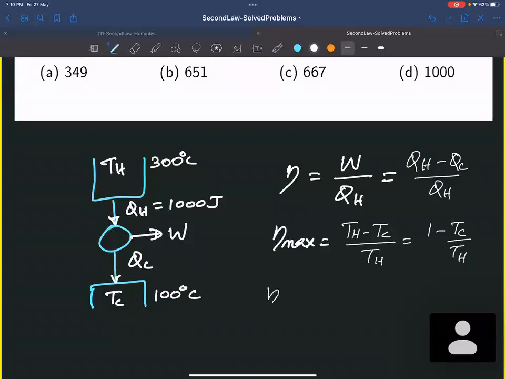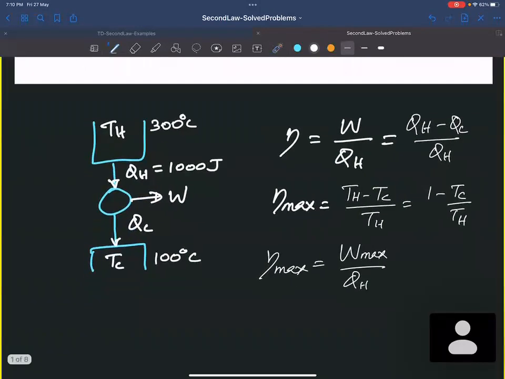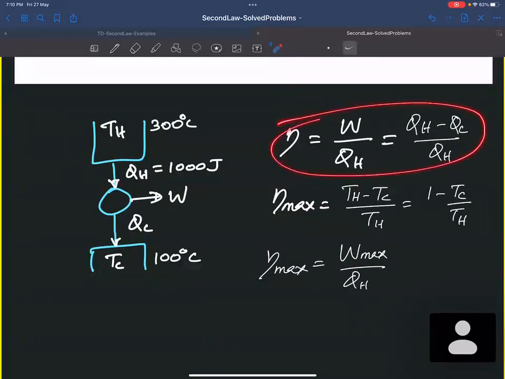You can also equate that to W maximum by QH, since we want to find W maximum. The maximum efficiency for any heat engine is given by the Carnot formula. This is the Carnot formula, and this is the general definition of efficiency. So this definition of efficiency in terms of work and heat, we are equating to the temperature values.